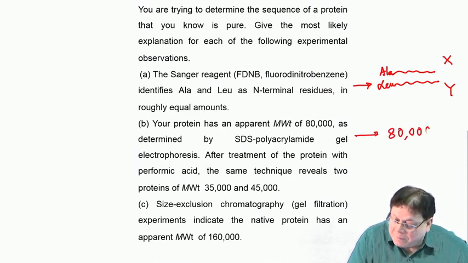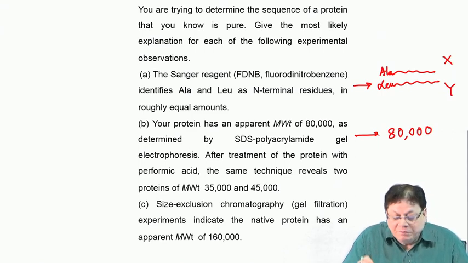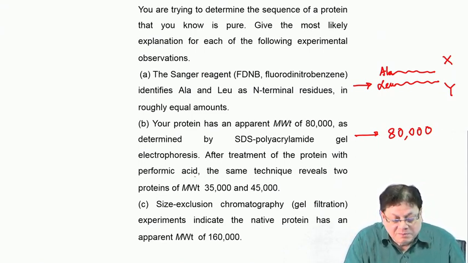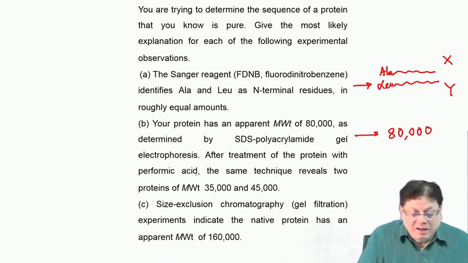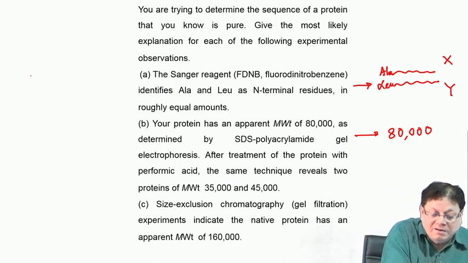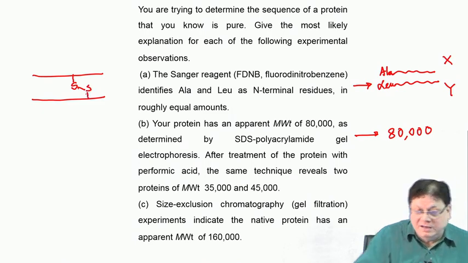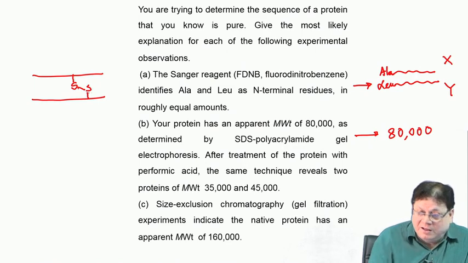Okay. On the other hand, if you treat the protein with performic acid, now I think that point we have not said anything yet: if there are two chains of proteins and they are connected by disulfide linkages, that means there is a cysteine here, there is a cysteine there.